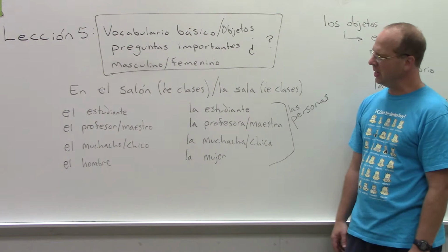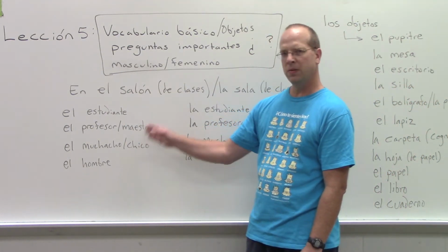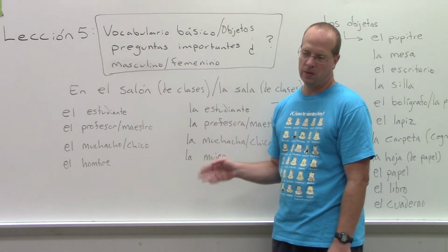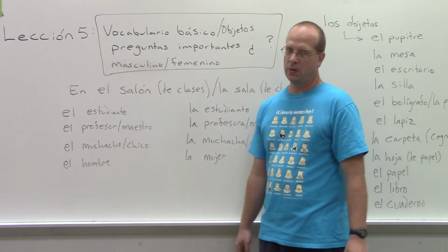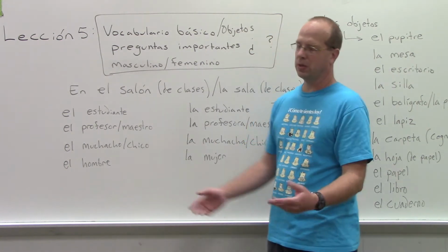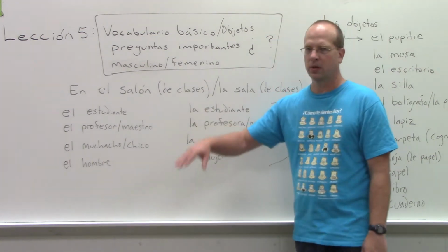But wow, look at how I've separated them into males and females. I've separated them by gender. That's going to be important. Remember, gender in Spanish makes a difference. Probably does in English too. Although we're trying to make it less and less of it. Anyway, that's a whole other subject.